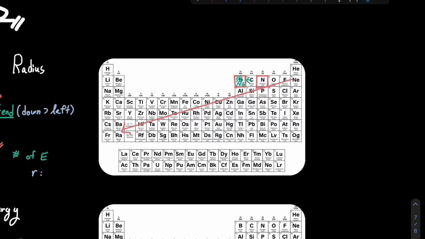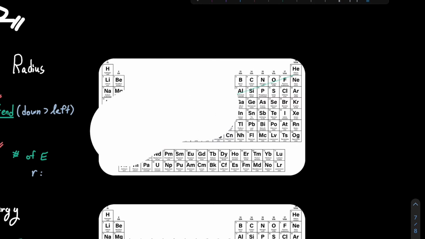Another example would be iron and tungsten. As the periodic trend is in such fashion, remembering that it goes larger as it goes left and bottom, we can see that tungsten would have the bigger atomic radius.